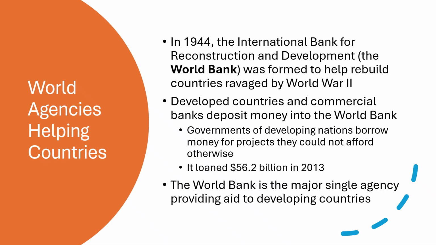It was created in 1944 to help the countries that were ravaged by World War II come back. Developed countries and commercial banks deposit money into the World Bank, and then the governments of developing nations can borrow money for projects. If they didn't have access to this type of funding, they could not afford the projects.